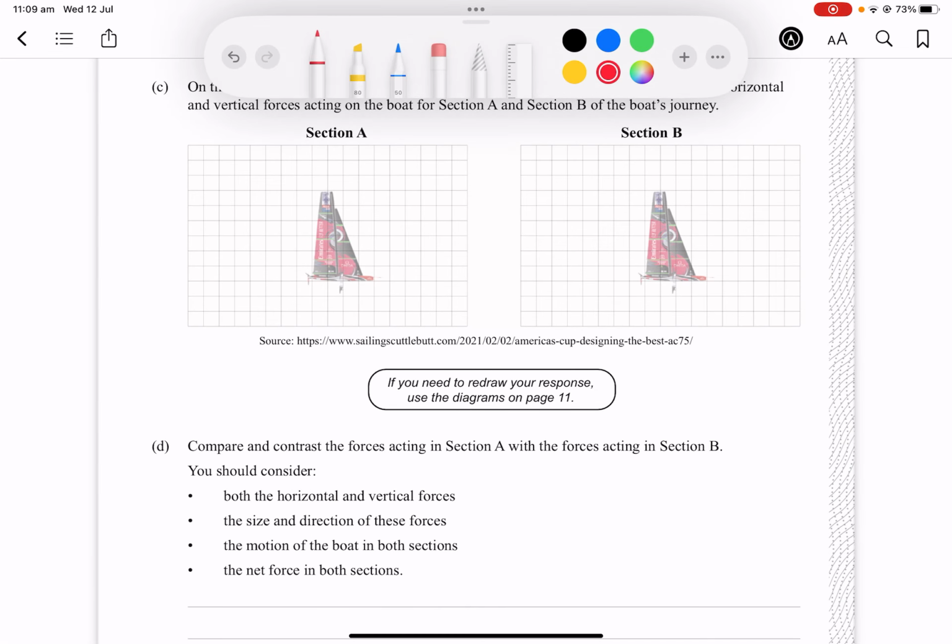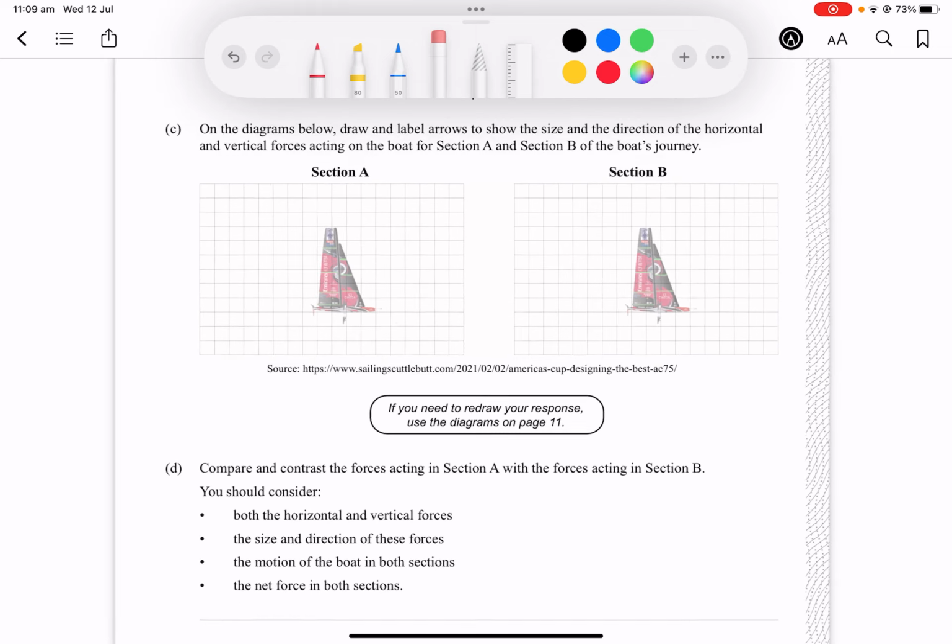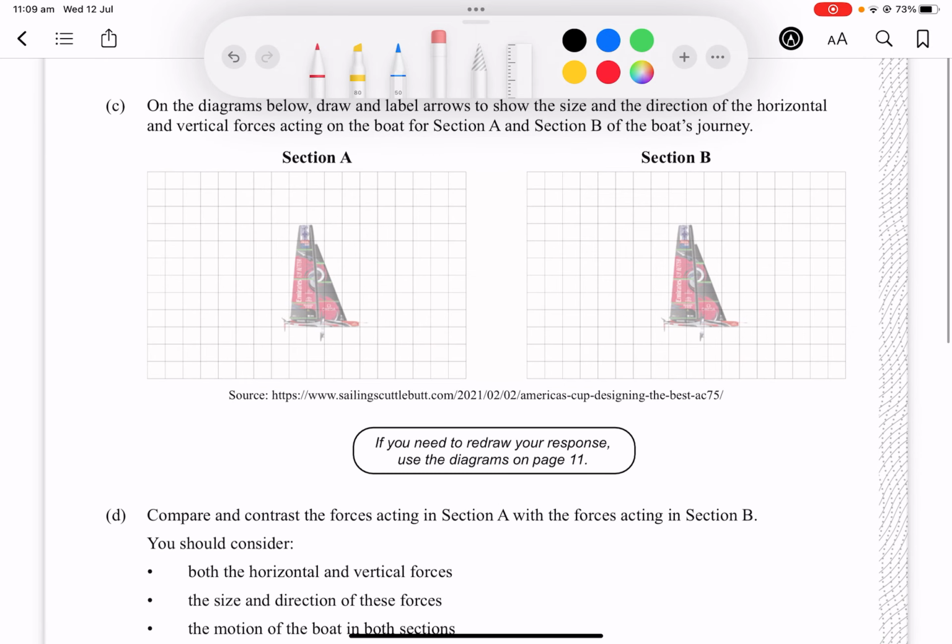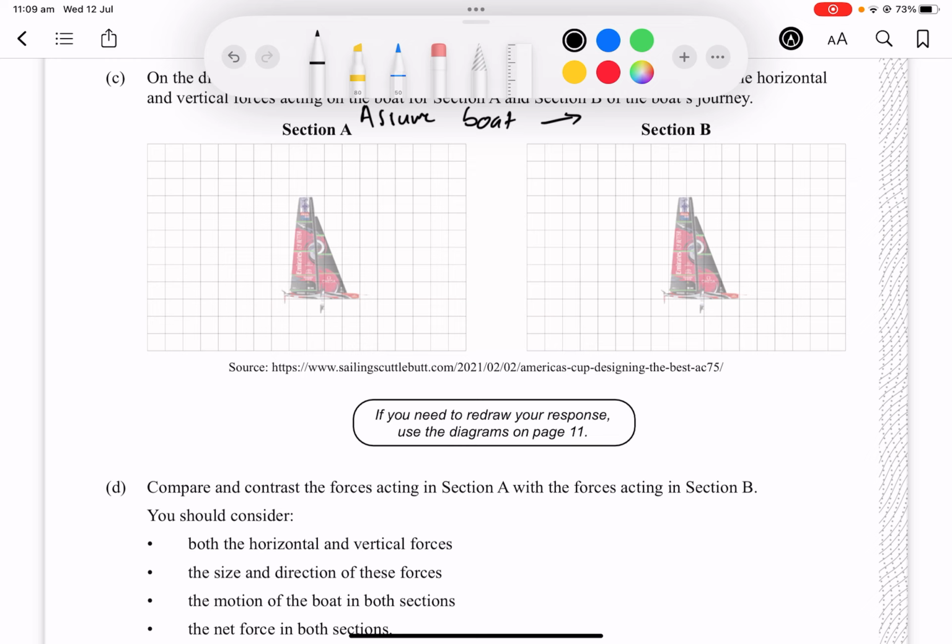Assuming that the boat is traveling to the right, we're going to make that assumption. It's good to always state that, so just assume the boat is moving to the right. So therefore, we're going to have some horizontal forces. This is going to be the acceleration, so we're going to say this is some thrusting force towards the direction it's traveling in.